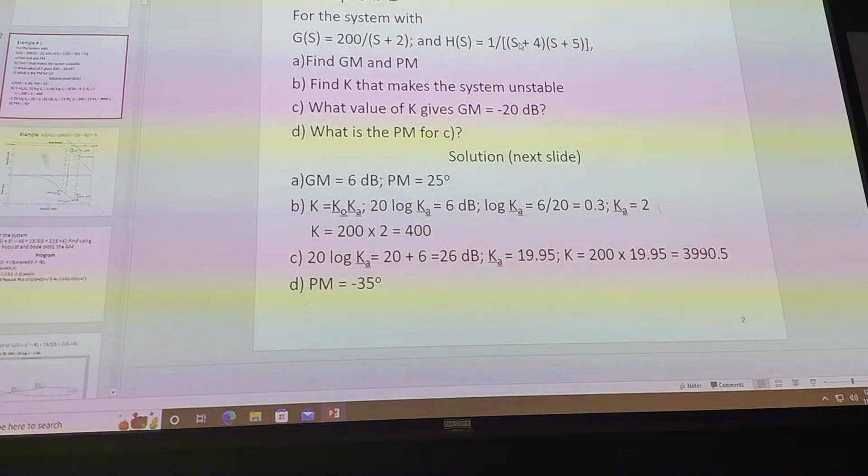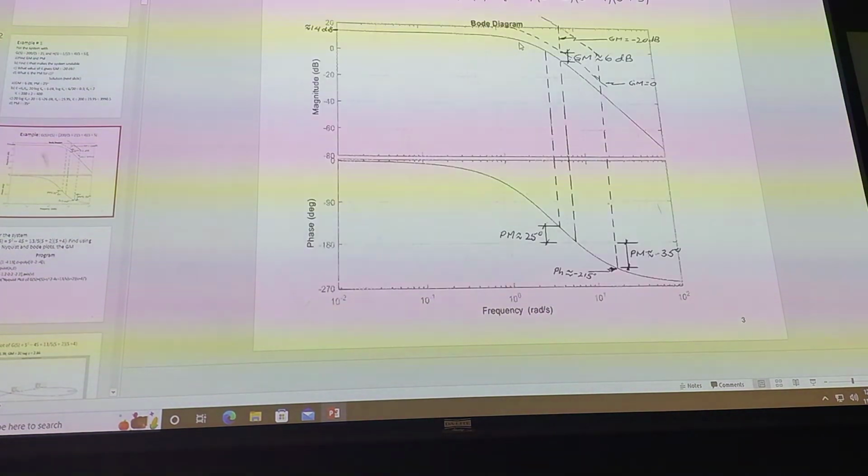So that's the quantity I have to move, and for this new curve, 20 dB up, it cuts the 0 dB at this value, again approximately, because I don't have a way of knowing exactly on that curve which it is. But I see that it is negative, so it passes minus 180, so it is unstable.